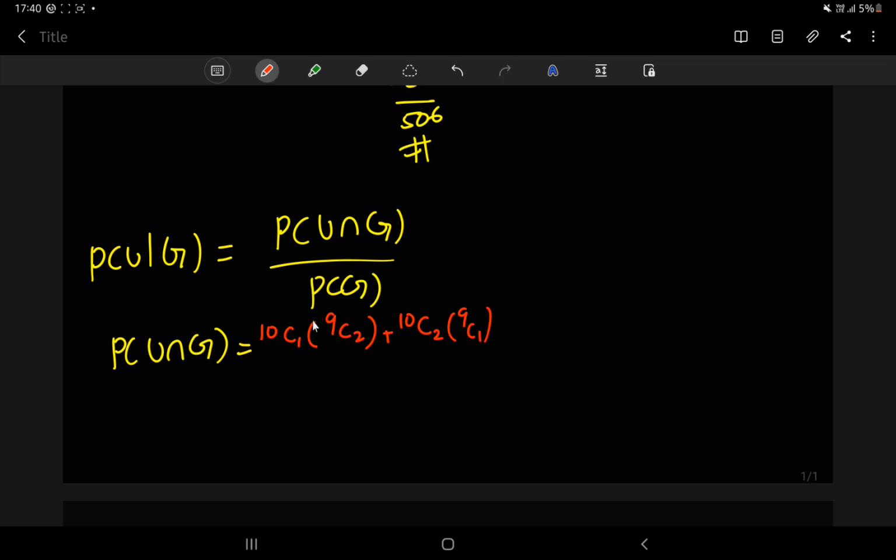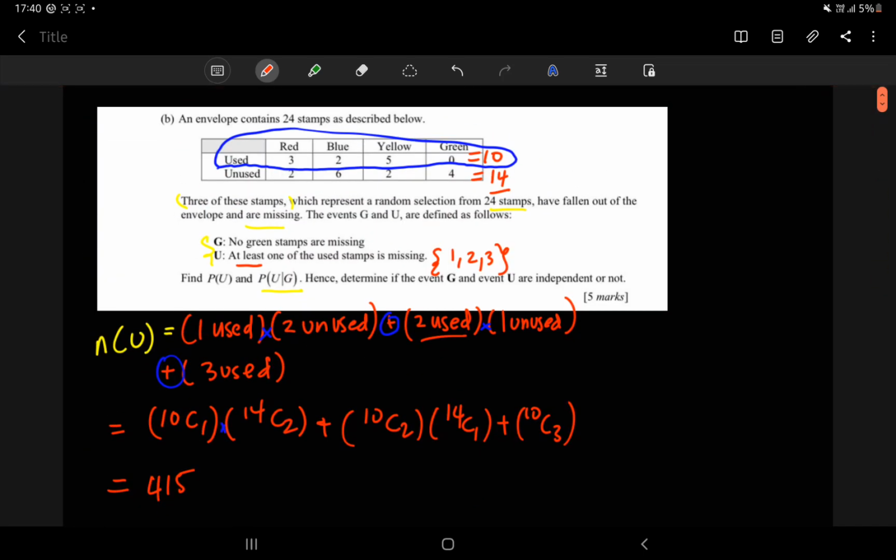Why 9? Because from the use stem over here, for example, if one of the red stem is missing, so we just left with 2, 2, 5, 10, correct? 2, 2 red, and because one is missing, we just left with 5, 2, 2, which is 9.